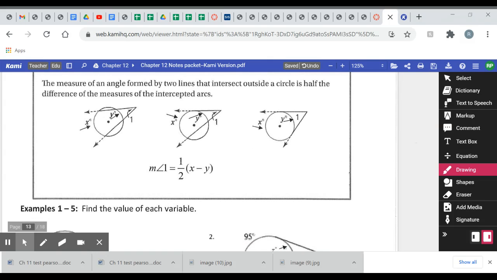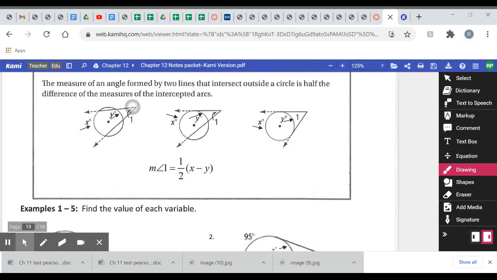Next, it says the measure of an angle formed by two lines that intersect outside a circle is half the difference of the measures of the intercepted arcs. So in this particular case, you can see that these lines intersect outside the circle.